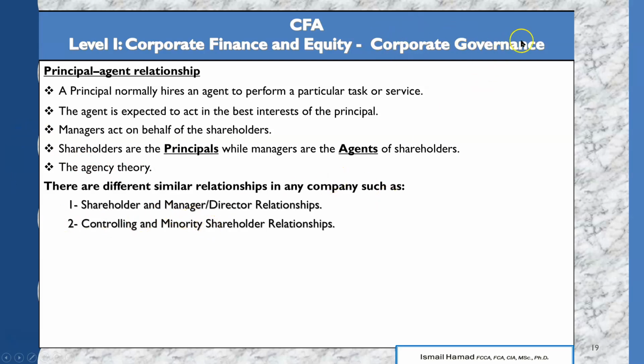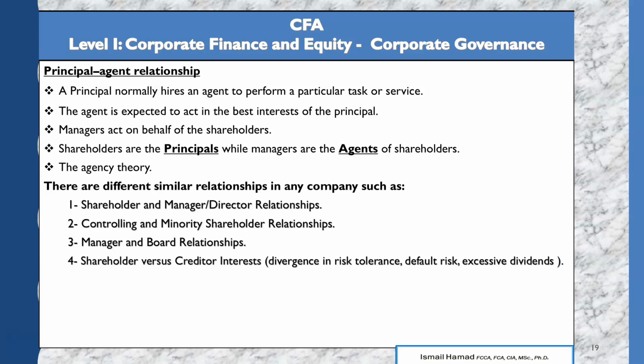Here, the corporate governance role comes in to protect the minority interest, so that the controlling shareholders, those who have a high stake, should not pass any decision as they wish. But this is a very limited role. Manager and board of director relation, as I said, the board sets the strategy and manager executes that strategy. In this way, there will be some conflict also.